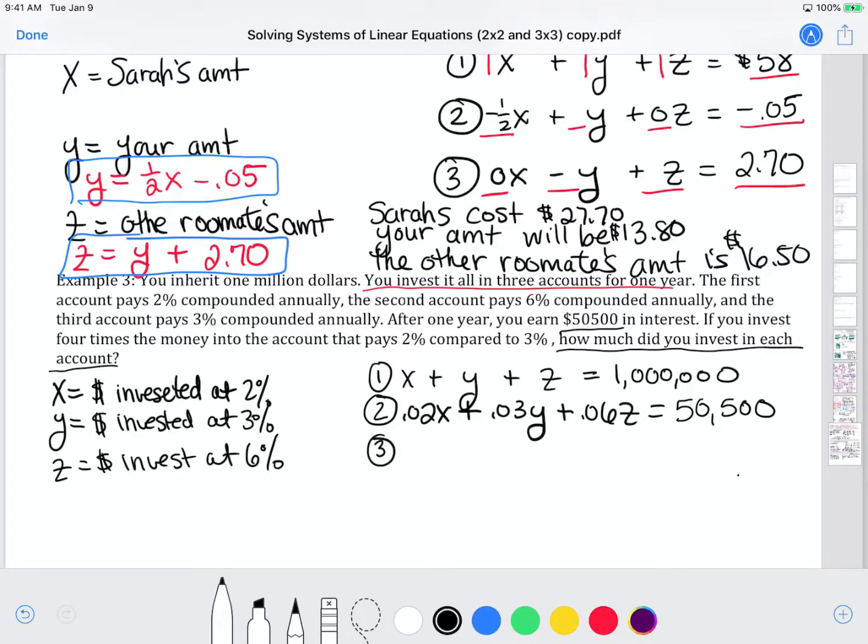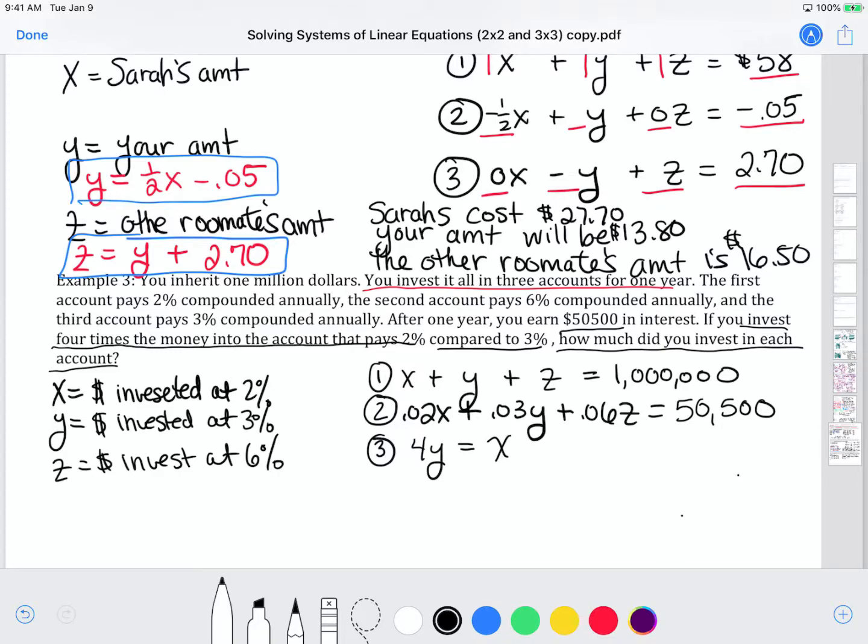Okay, the last piece of information that's given to us, it says we're investing 4 times the amount of money in the account that pays 2% compared to 3%. So my equation is going to be set up so that I have 4y is equal to x. I'm going to have to rewrite that so that the x's and y's are together on one side and my constant on the other.